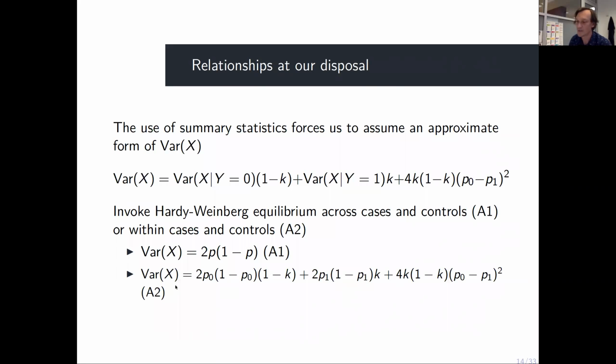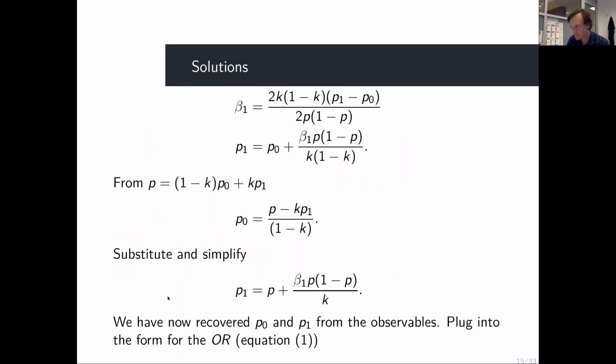So which assumption is better and which works? I was always under the impression that this assumption would be a better assumption, but that may not be true depending on how the genotype frequencies may diverge from Hardy-Weinberg for a whole variety of reasons. So we won't go too much into that.